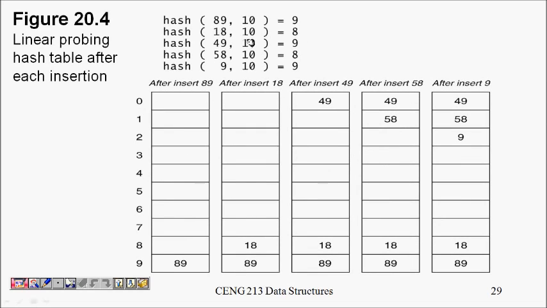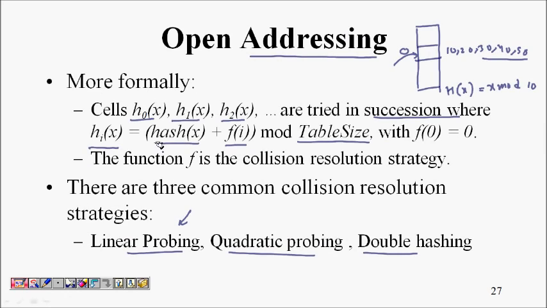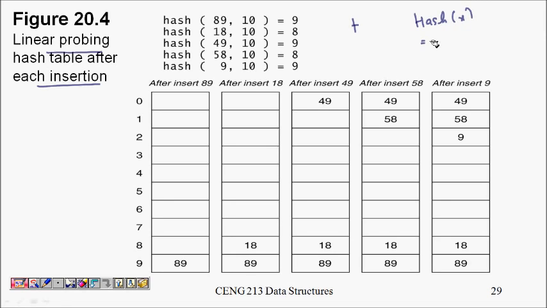Now this example shows the linear probing hash table after each insertion. So hi(x) is hash of x plus f(i) mod table size, and here let's say hash of x is x mod 10.